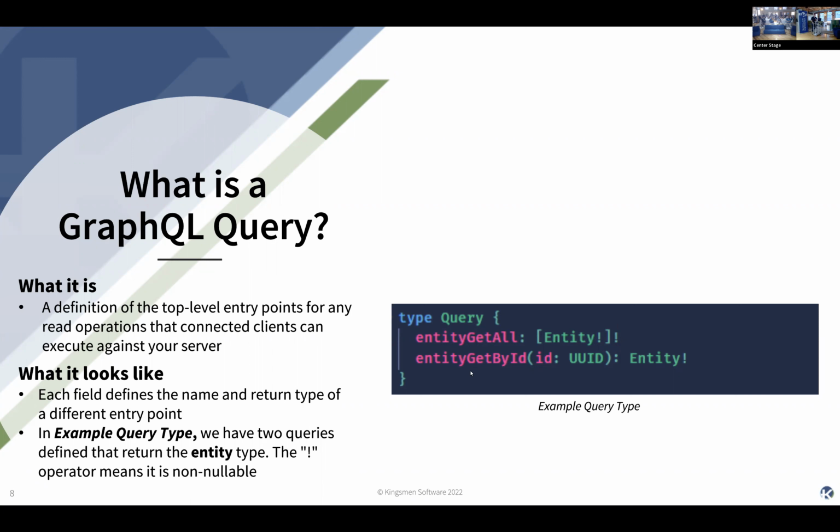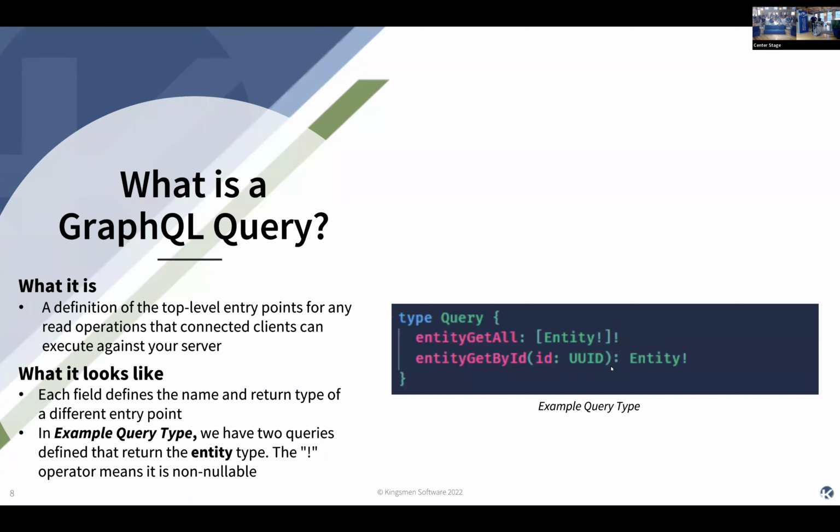On our entity get by ID, by seeing that it's clearly defined that you would pass in an input of UUID, that lets you know that when you're trying to request by ID, it would want you to pass in a unique identifier in order to retrieve back a single entity value.